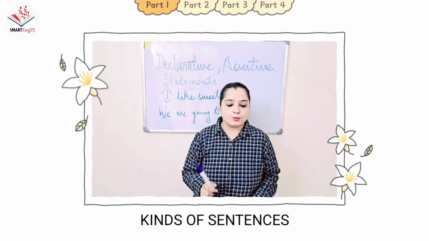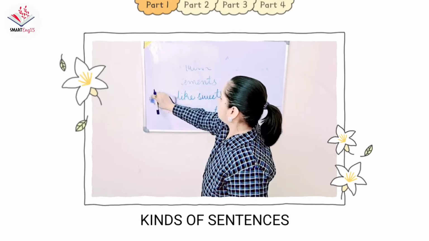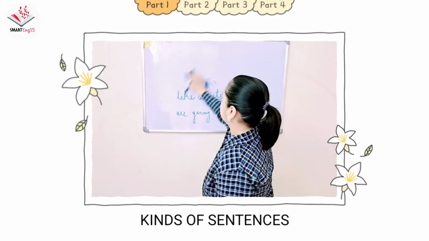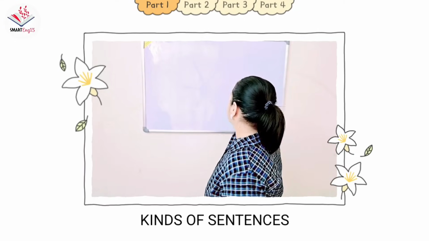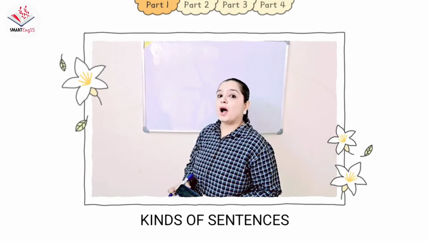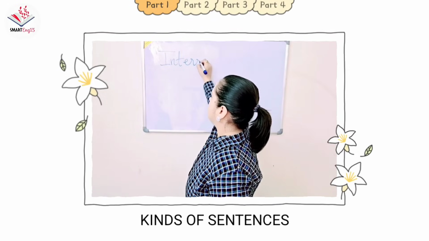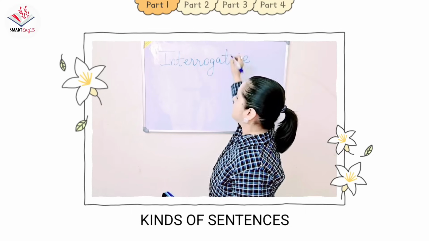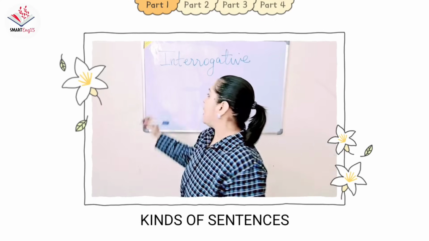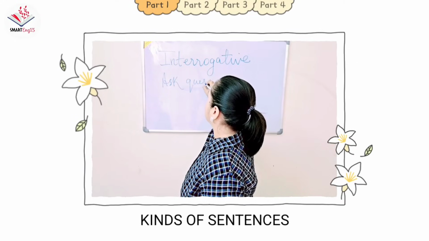Now let's move towards the next kind of sentence, which is interrogative sentence. If you are aware of it, interrogative sentences are used to ask questions. Please make sure you learn the spellings well, right? Now there are two kinds of questions.